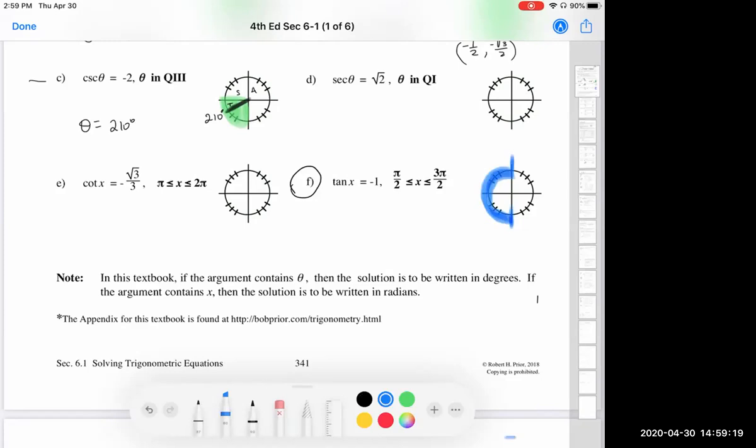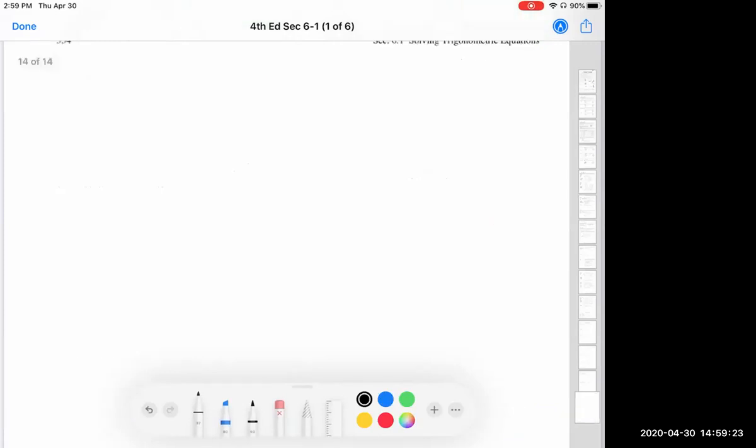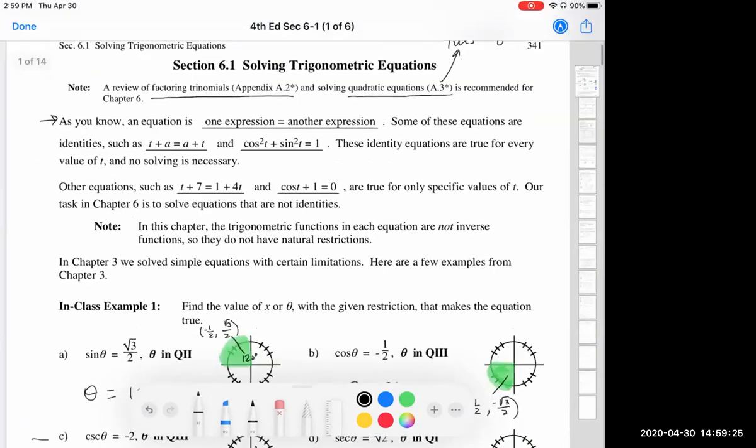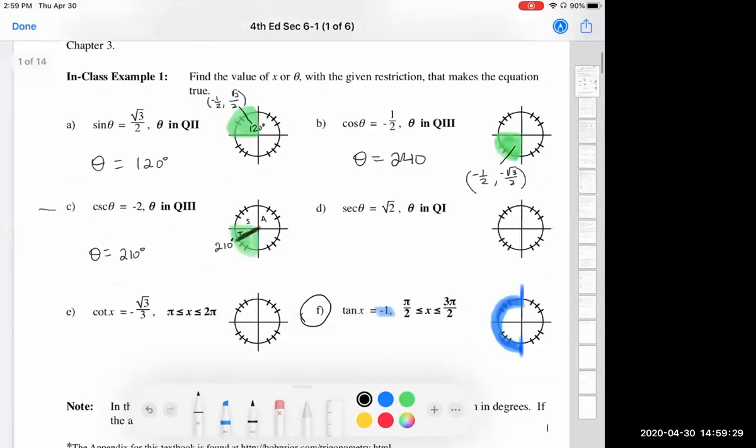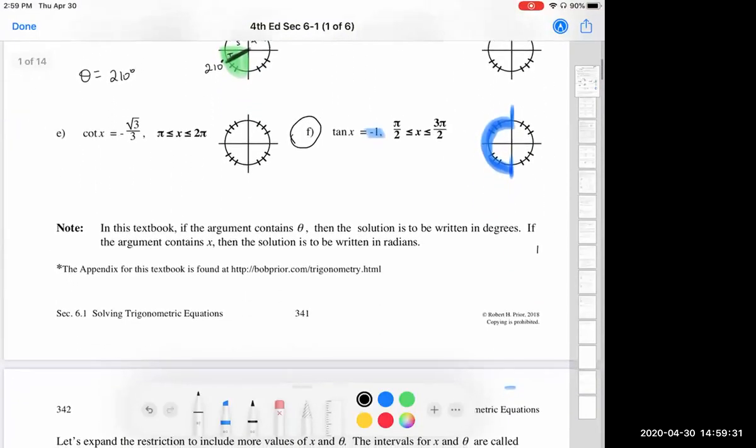Okay, well, when we want to get an answer of -1, recall your little tool to help you work through positives and negatives. We have all students take calculus. So really the only quadrant that would work is this one, because the other one would not produce a -1 for tangent.